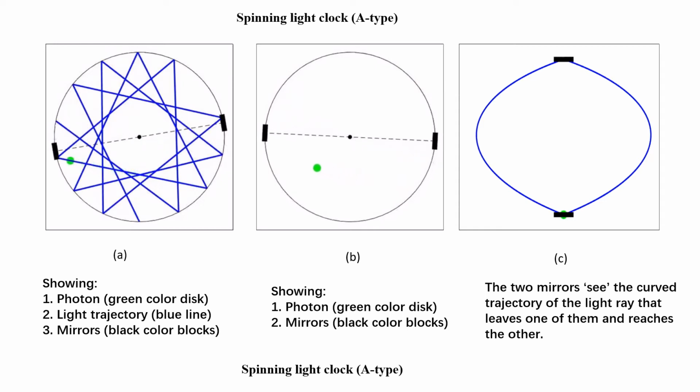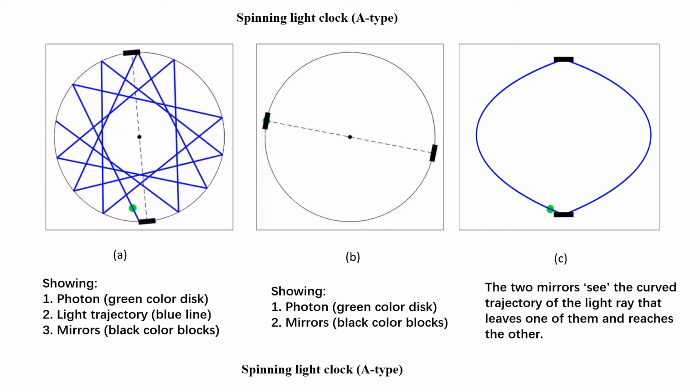In video B, it shows the photon and the two mirrors, but it does not show the light trajectory marked by the blue line shown in video A. In video C, it shows the two mirrors see the curved trajectory of a light ray that leaves one of the two mirrors and reaches the other.